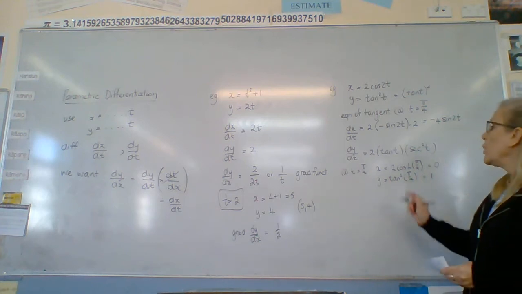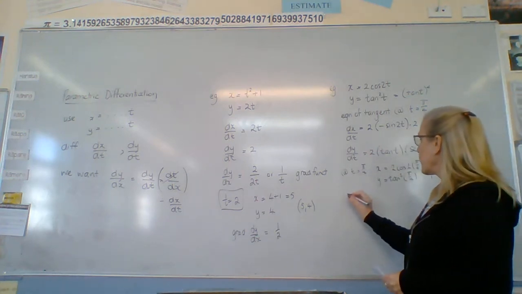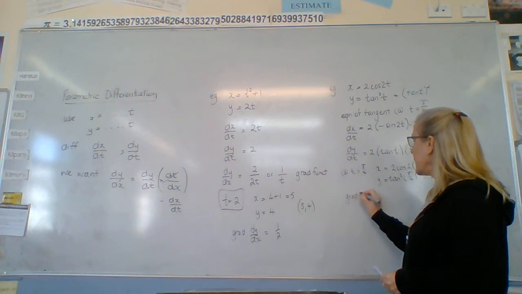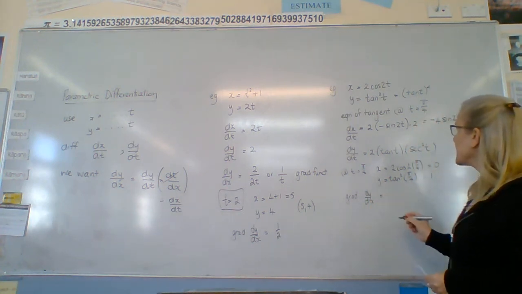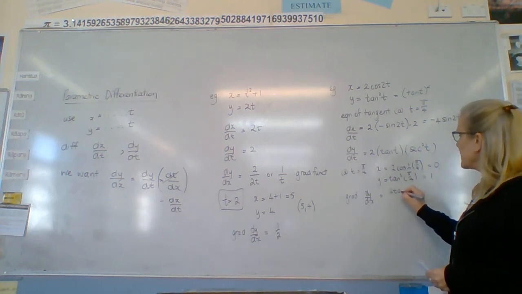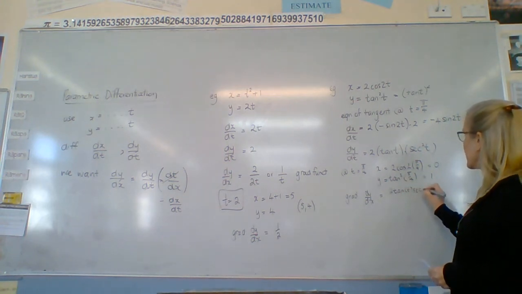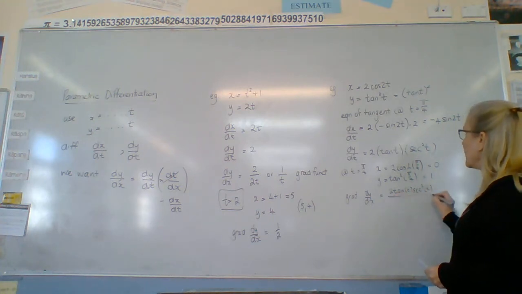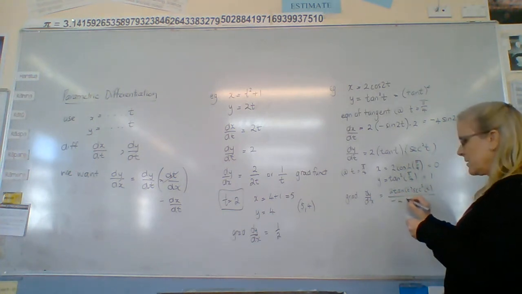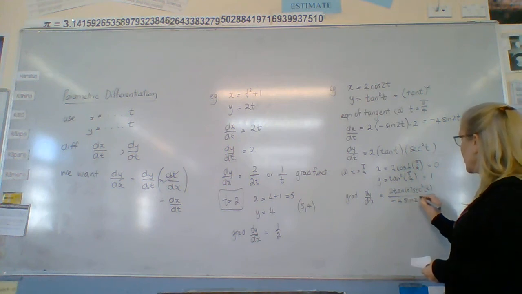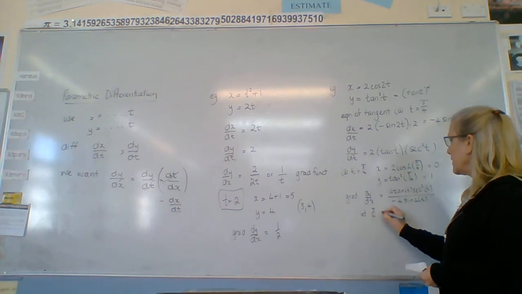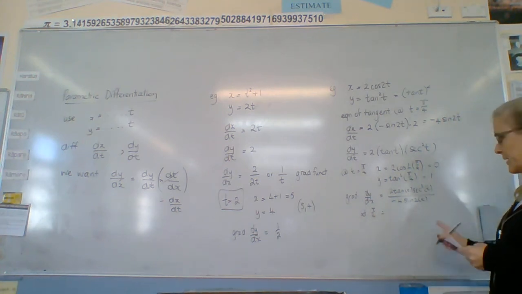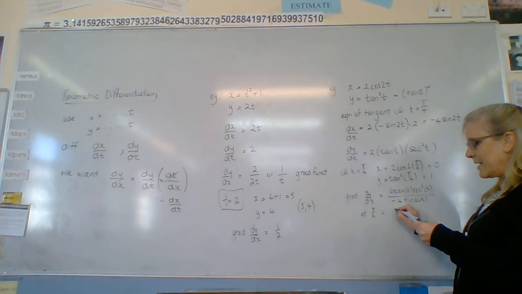All right. When we put these two together to get the gradient, dy by dx equals 2 tan t sec squared t over negative 4 sine 2t, and at pi by 4, this thing here comes out to equaling negative 1.